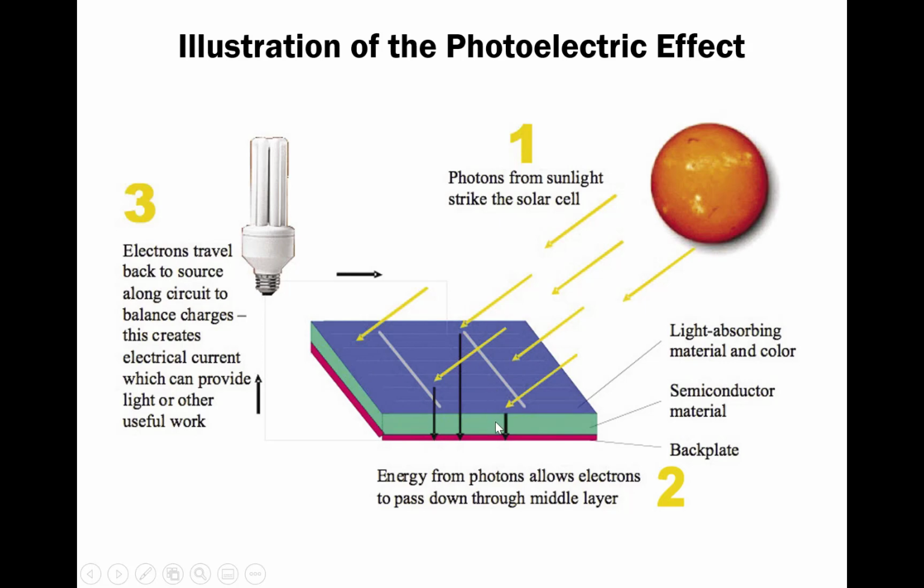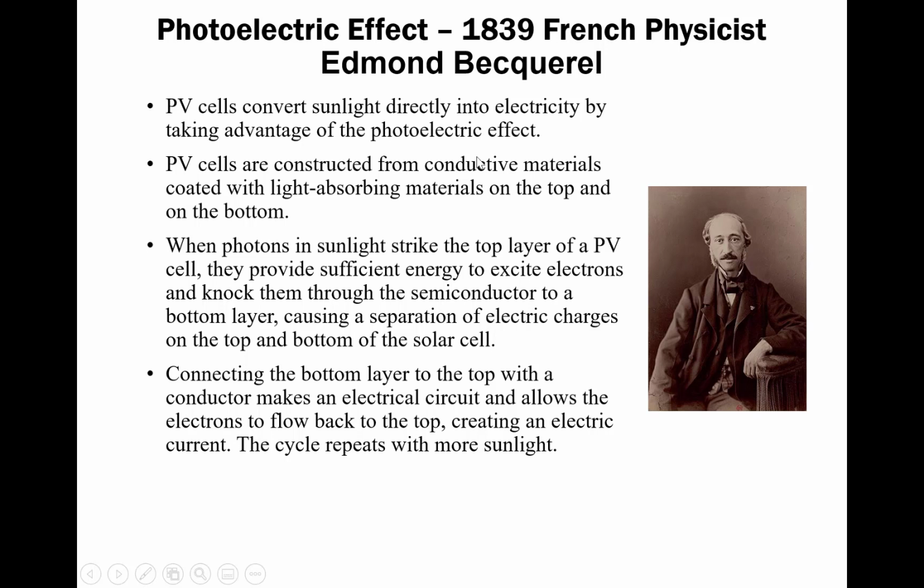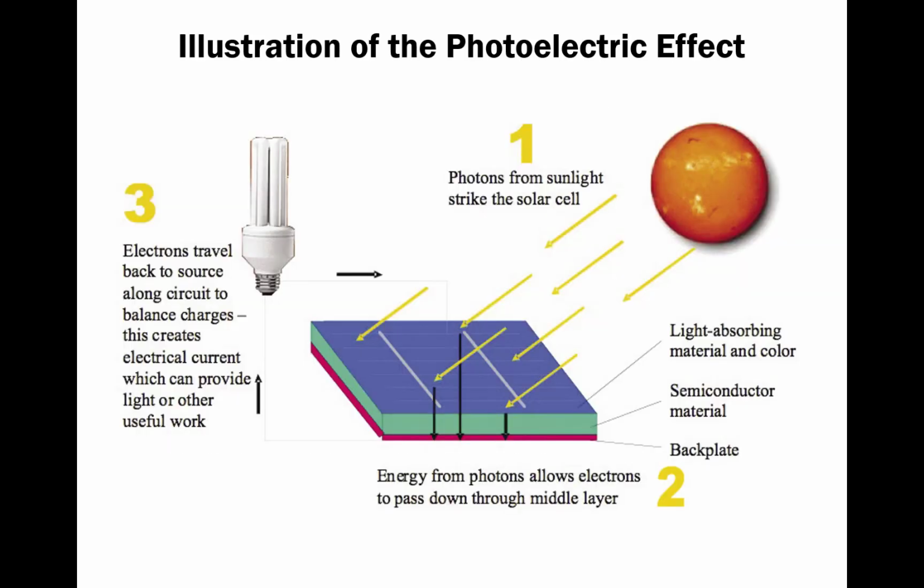The electrons go through conducting material like silicon, and then it goes to a bottom layer, and so we have the cells constructed from conductive materials, and when the photons hit the top layer, they give enough energy to knock some of those little electrons down to the bottom layer. And then the bottom layer is connected to the top layer, and that creates an electric current.